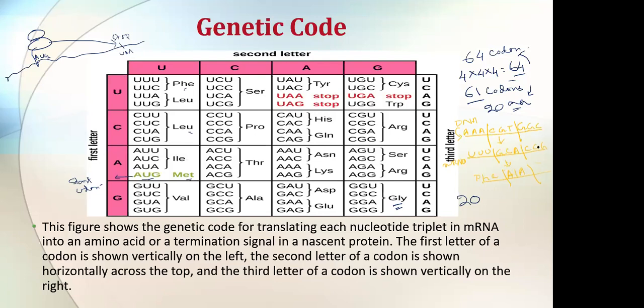Third amino acid, CCG, that's proline. So our third one is proline. You can see here.